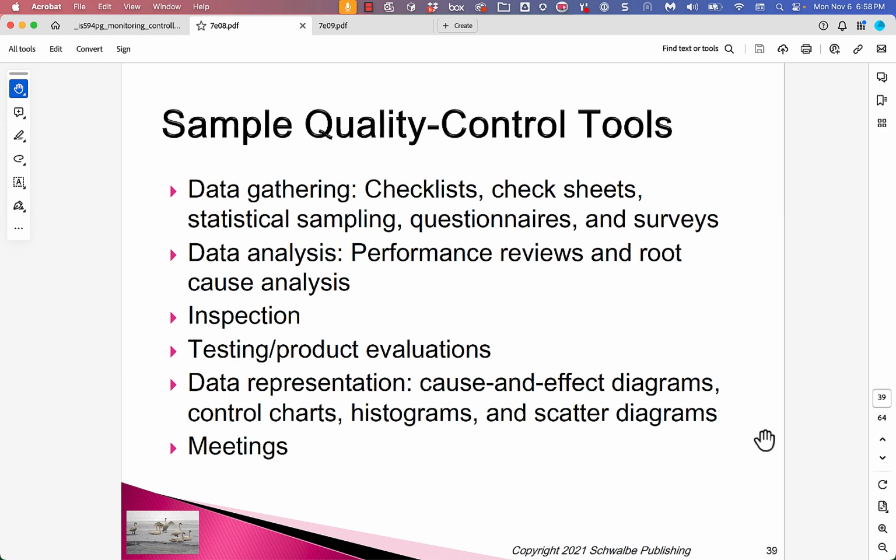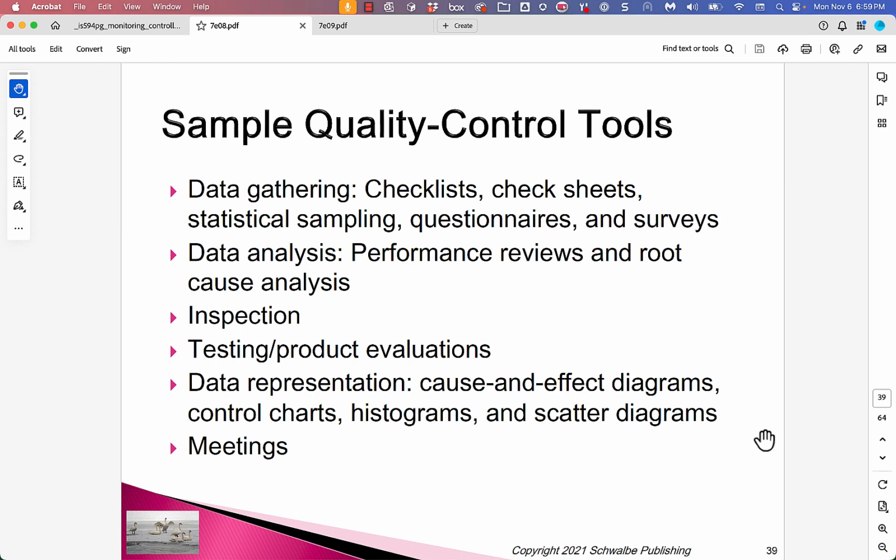We have testing and product evaluations. We have ways to, here it's called a data representation. Here at the ISCO, we would call this data visualization.